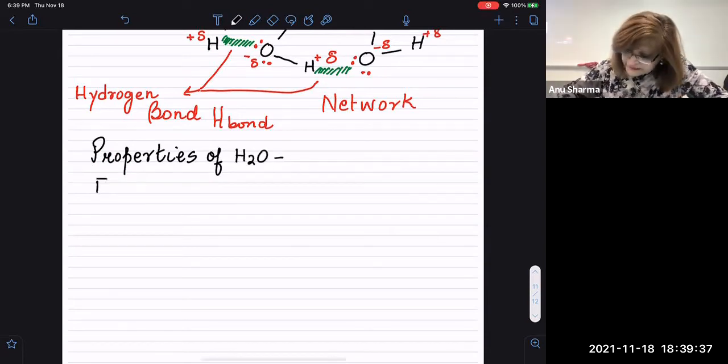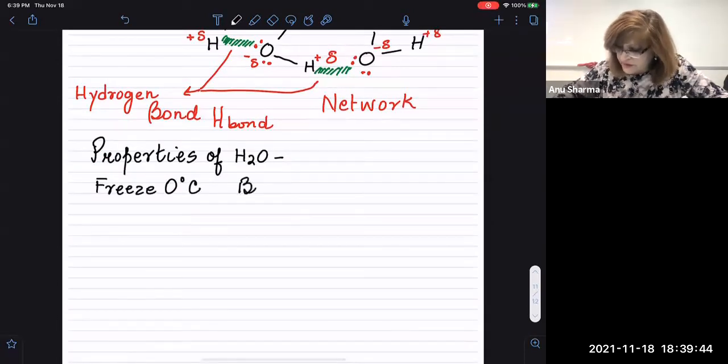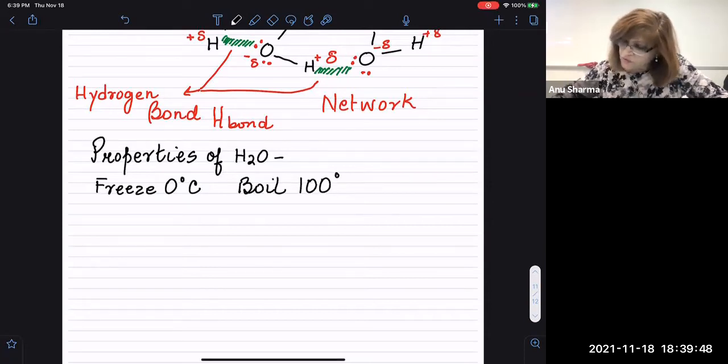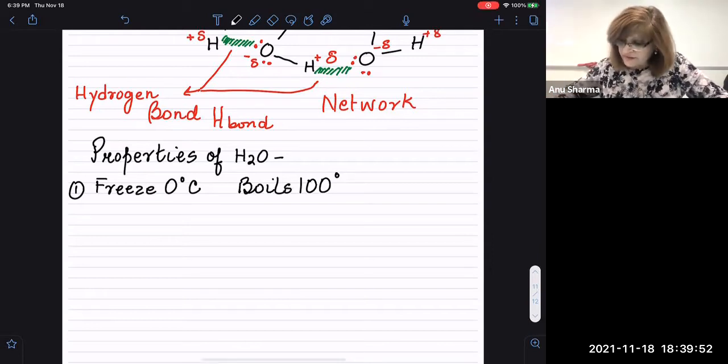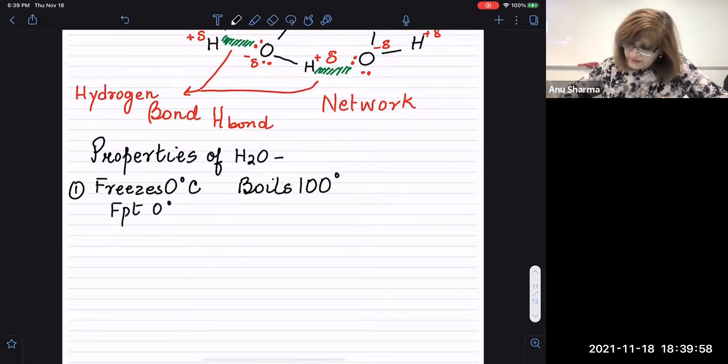Water freezes at 0 degrees and boils at 100 degrees. That's pretty high. So the freezing point is 0, and the boiling point is 100 degrees Celsius.